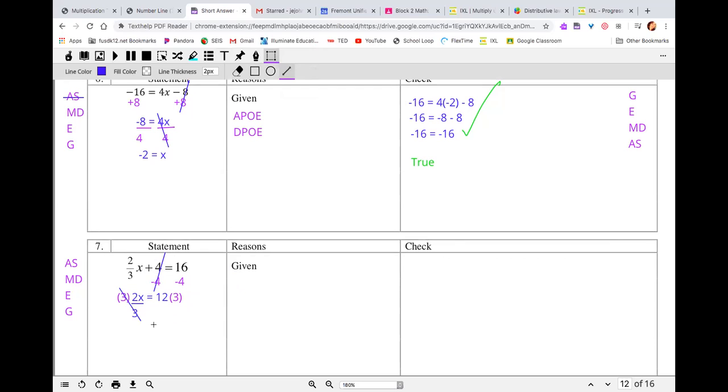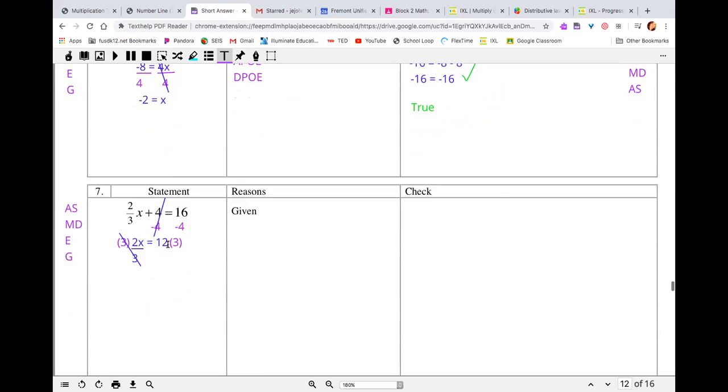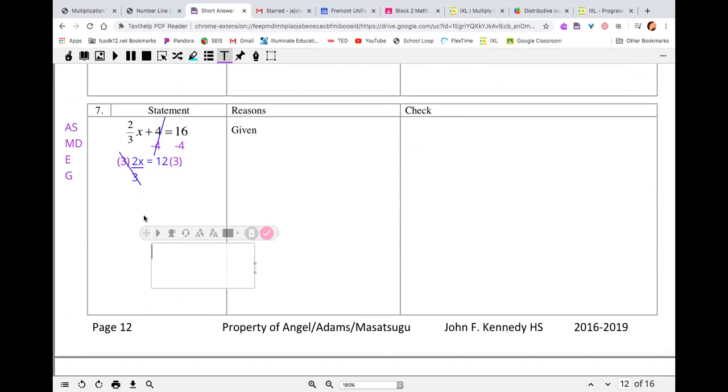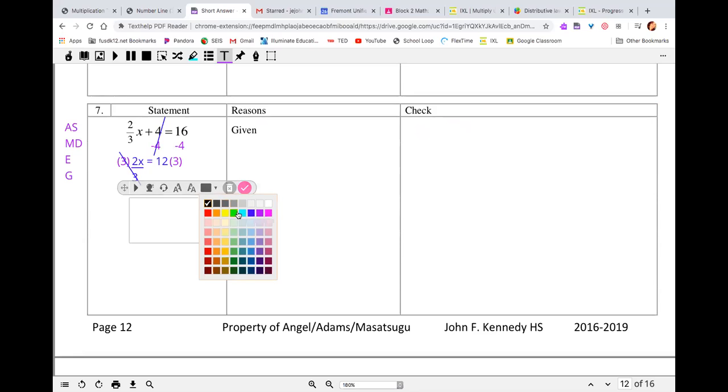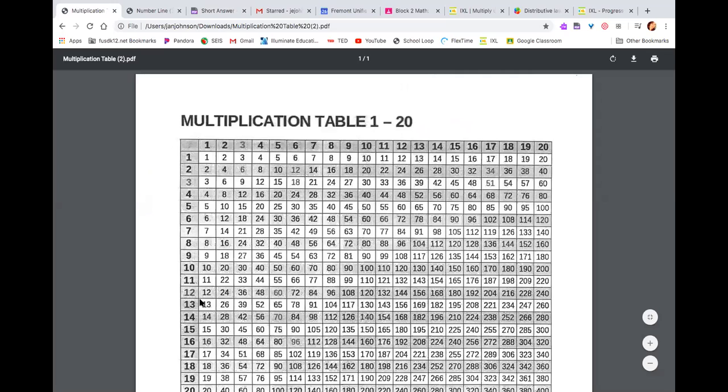And I'm going to rewrite my equation. Hopefully I don't write the step in again. That was an accident. Not paying close attention. Okay. Now I have 2x equals, and then 12 times 3 is 36.